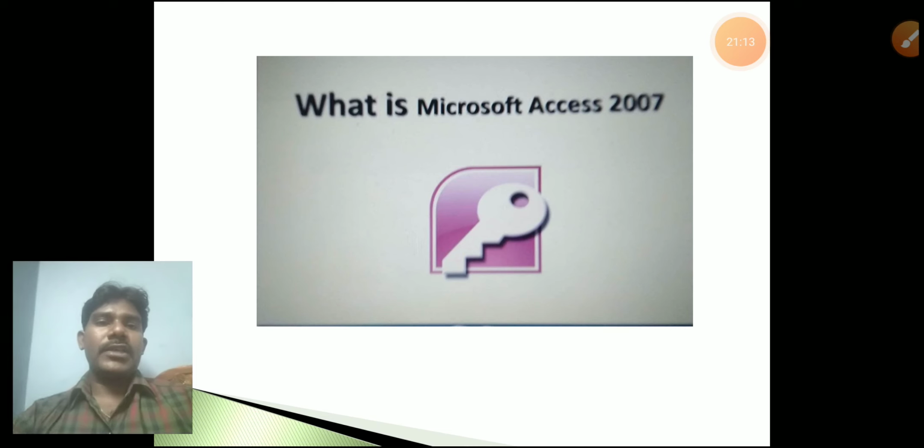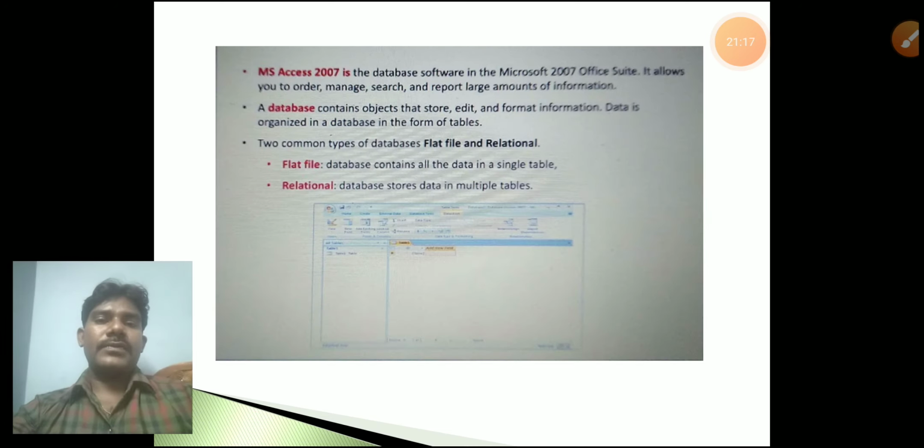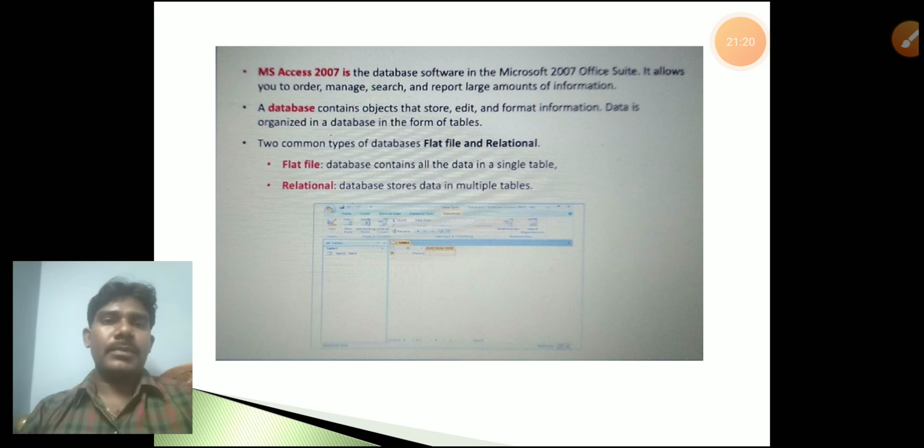What is Microsoft Access 2007? What is the main purpose of creating Microsoft Access? I already told you: we have to order the data, maintain the data, search the data and make reports. Large numbers of reports we have to make, and everything is maintained in Microsoft Access itself.